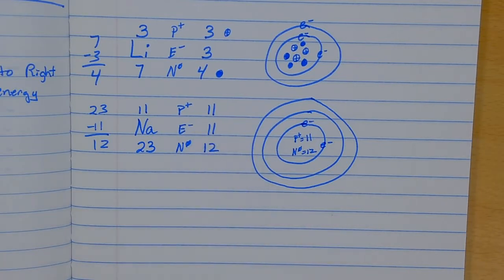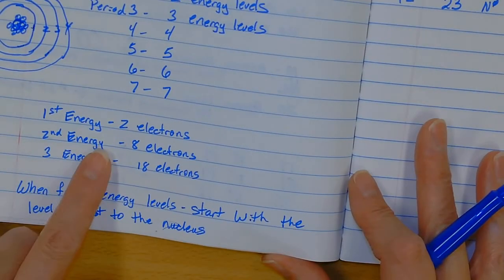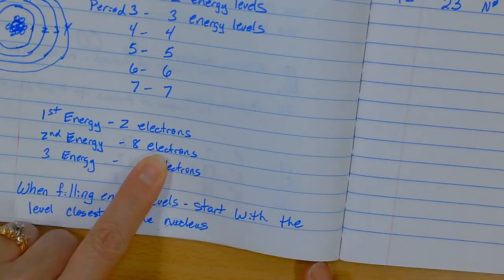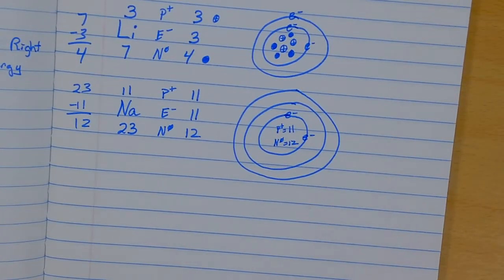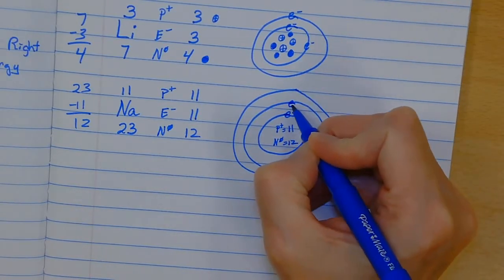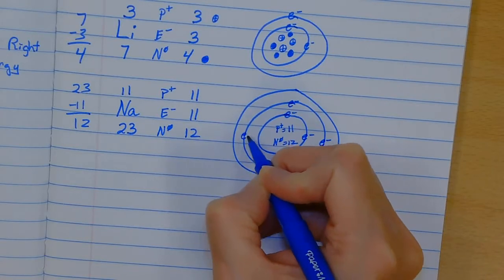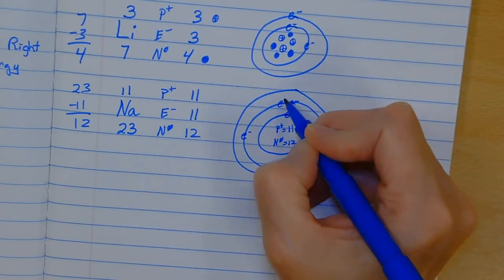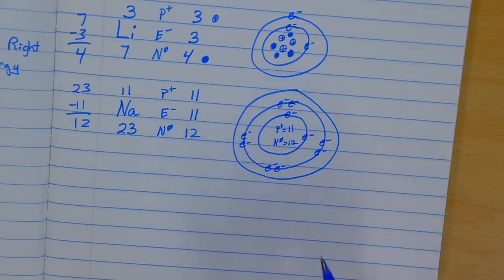We're going to fill the next energy level, and according to our notes, the second energy level can hold up to 8 electrons. So we're going to put our 8 electrons on the next energy level. 1, 2, 3, 4, 5, 6, 7, 8.